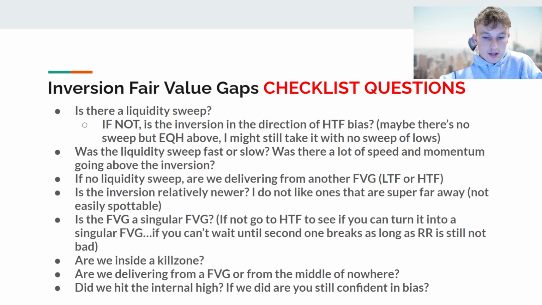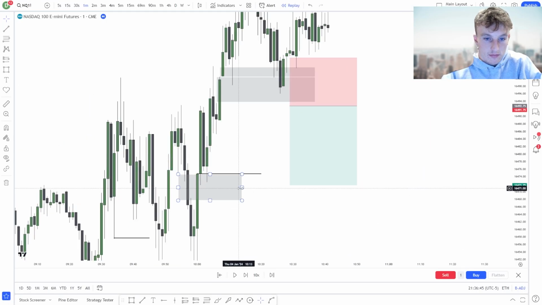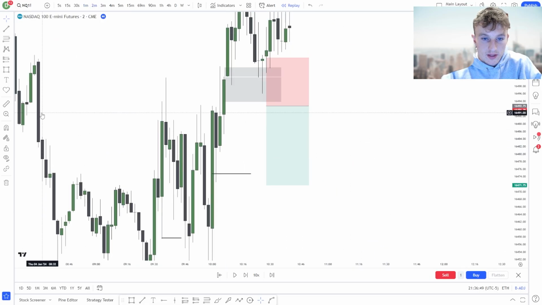Did we hit the internal high? If we did, are you still confident in bias? All right. So I already talked about that before. If we hit an internal high, are you still confident in bias? So if I go to the chart, we have this inversion here. So let's say this wicked above. So here's the internal high.